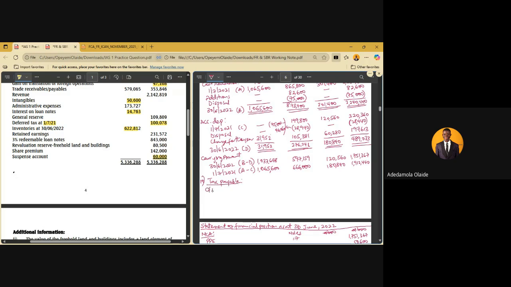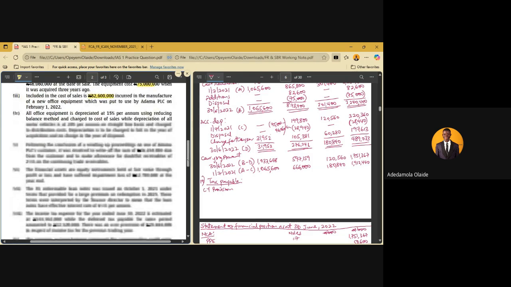Current year provision, which is how much?